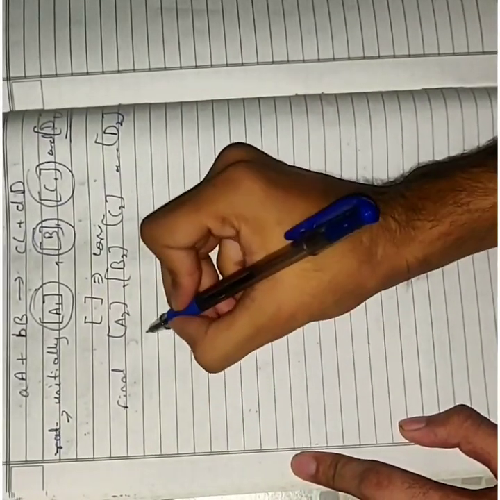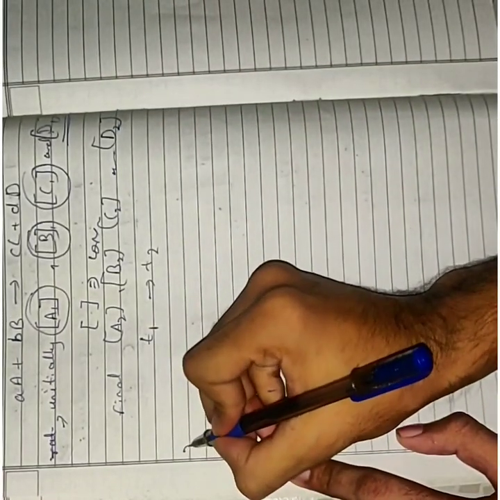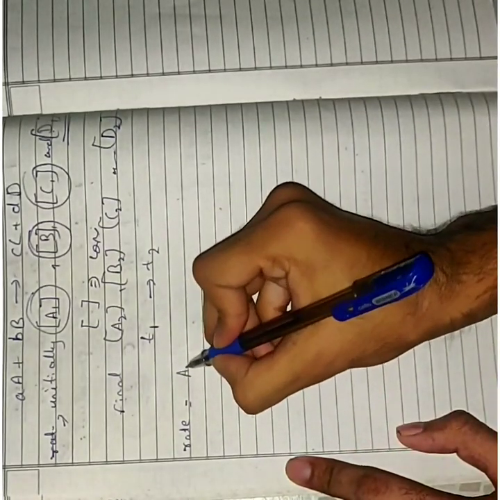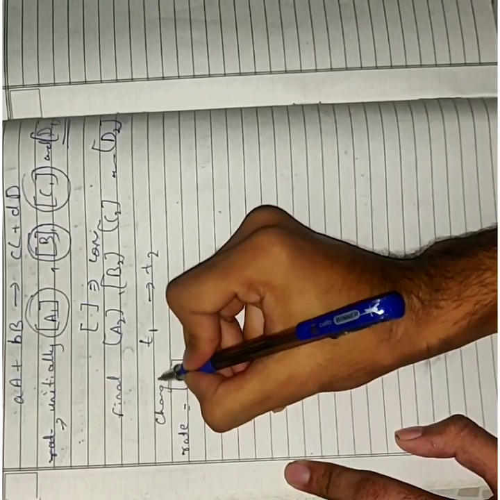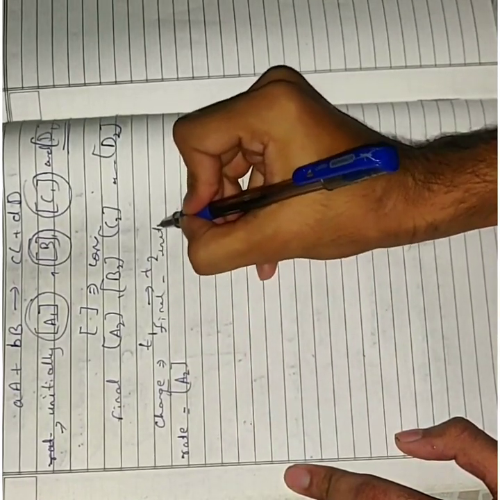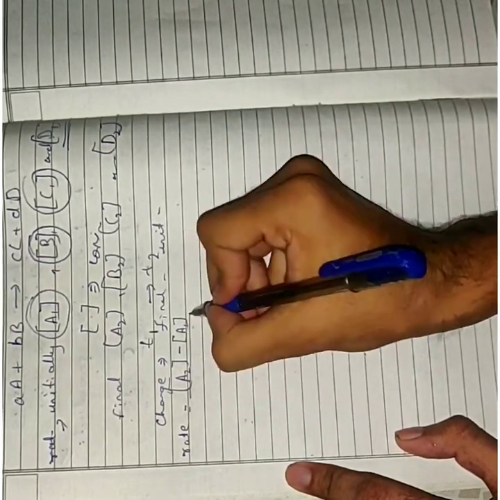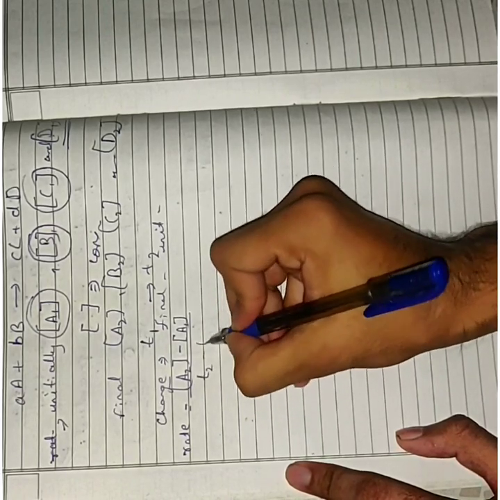Okay, from a time interval of T1 to T2. So for this reaction, I can represent rate as final minus initial. Change is always given by final minus initial. So I can write it as A2 minus A1, since A2 is the final concentration whereas A1 is the initial one, upon T2 minus T1.